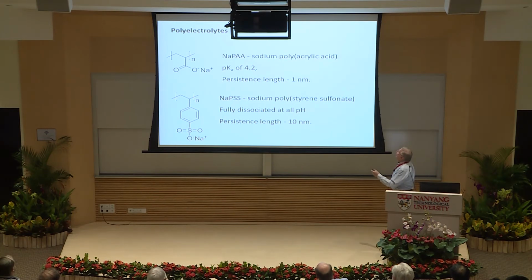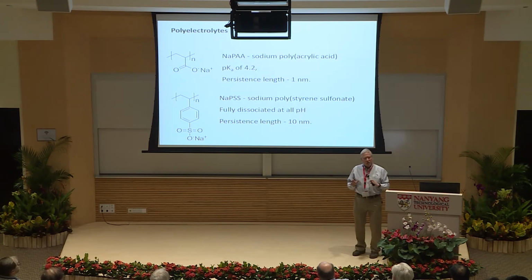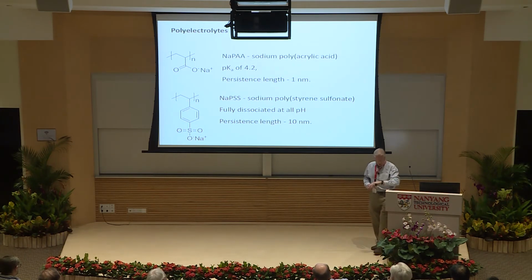This one is quite flexible. This one is quite stiff. This one is fully dissociated at all pH values, and this one has a pKa of 4.2. So these four allow us to get some insight into how aggregation, complexation, is governed by the nature of the materials.